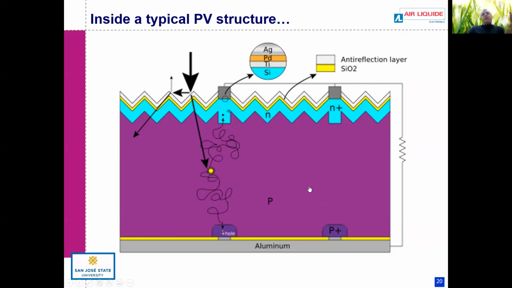This is just a little bit more detail. And then the anti-reflection coatings darken the surface a little bit. Another interesting area of research is how to get less light to bounce off, and more light to go in.